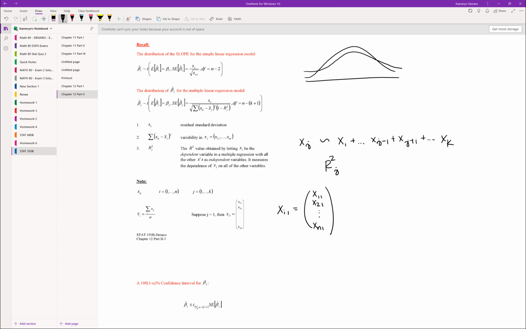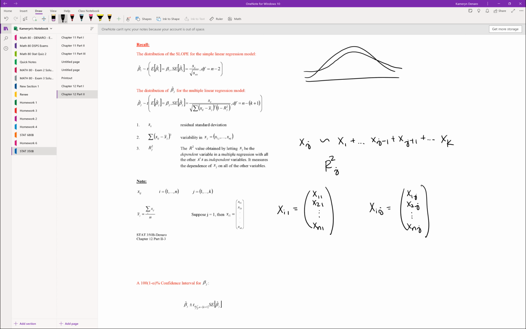If you wanted xij, that's going to be x1j, x2j, all the way up to xnj. So essentially, that's saying for the jth variable, give me all the values for each of the people in my study. That's going to give me my xij variables. So when we sum up the x1j's all the way down to the xnj's, and we divide by our sample size, that's going to give us the mean value, x bar j.